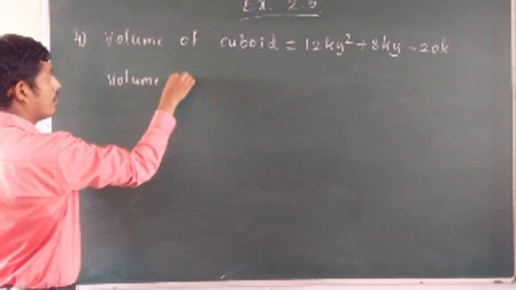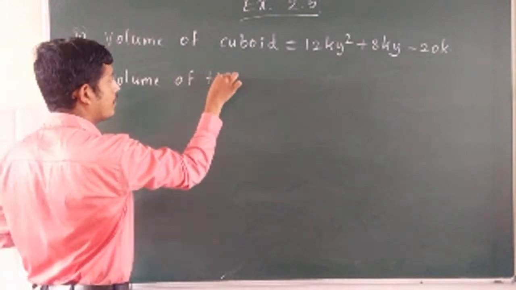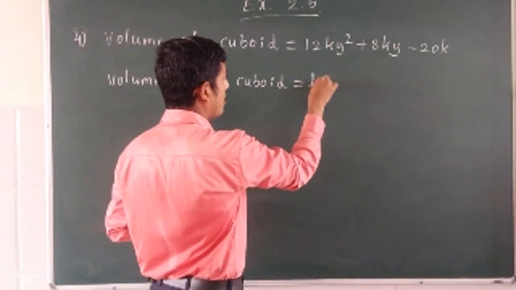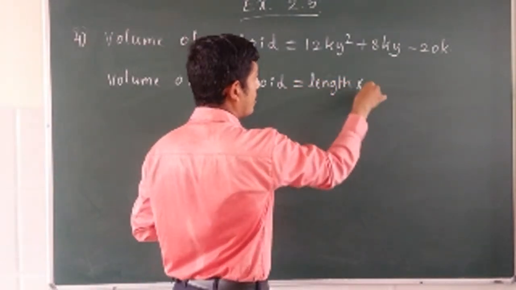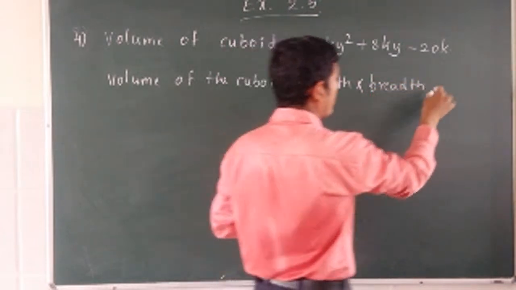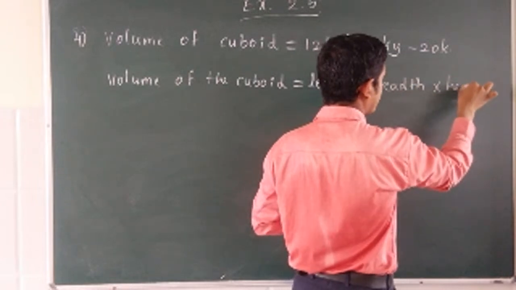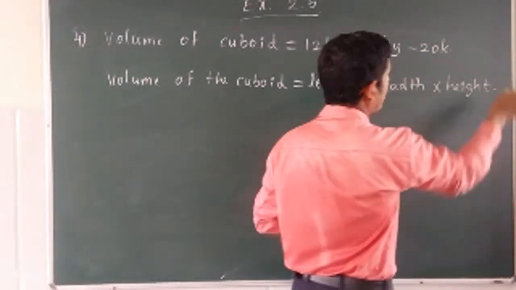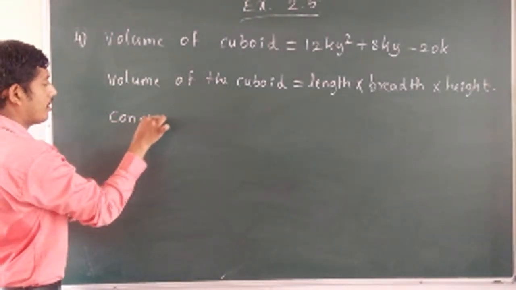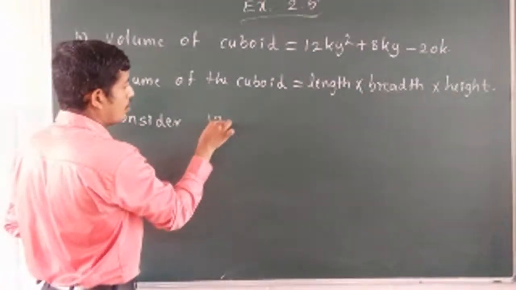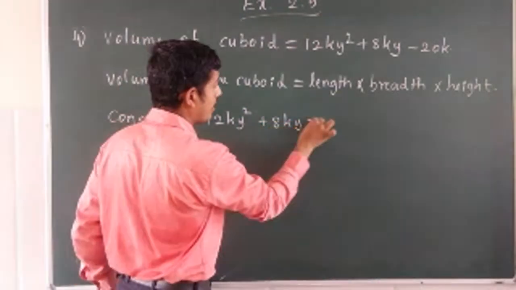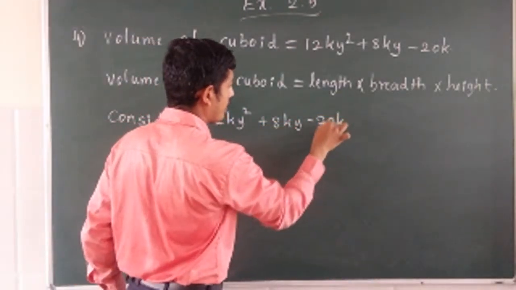Volume of the cuboid equals length into breadth into height. Then I will consider the term 12ky square plus 8ky minus 20.